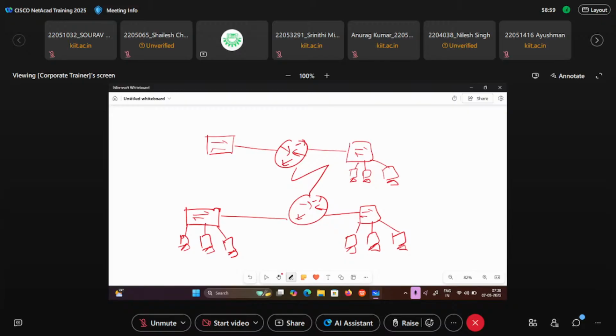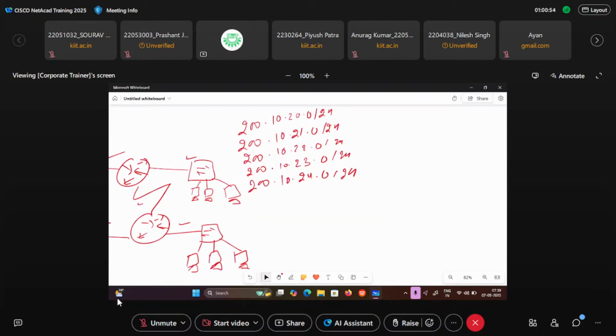In each network, you already know how many hosts you can configure. How many hosts can you configure from each network? 254. Very good. So in each network 254 hosts can be configured, but I have connected only a few hosts.